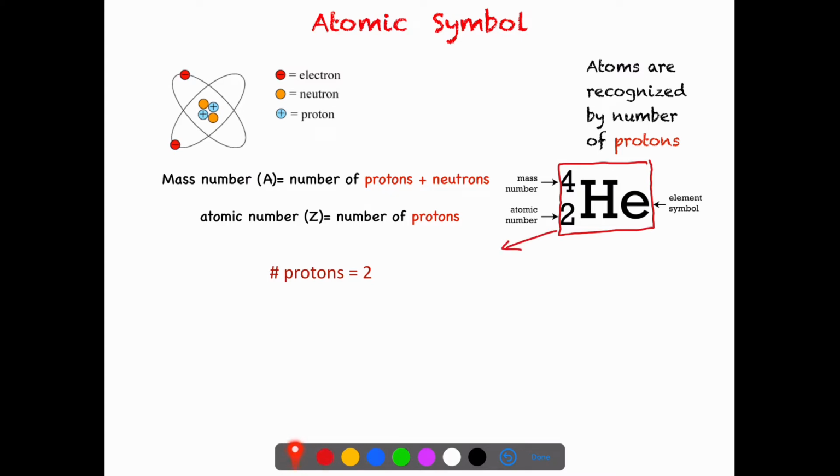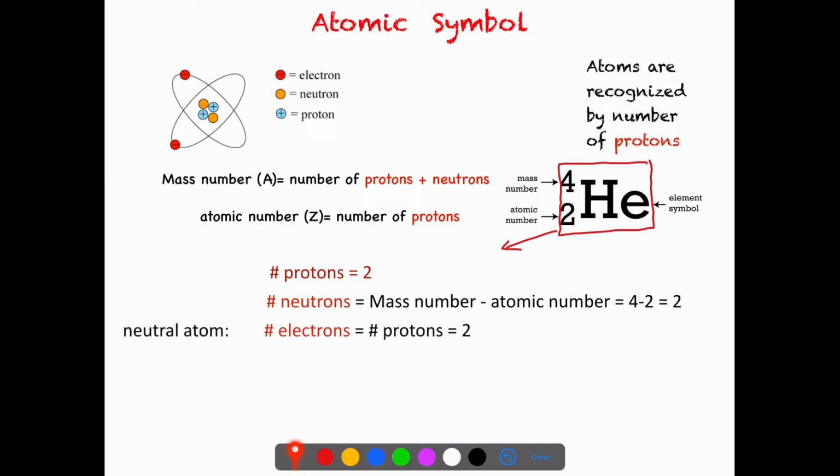Well, you have a total of 4 protons plus neutrons, and you know out of these, 2 of them are protons. So you have to subtract the atomic number from the mass number to get the number of neutrons. So remember, number of neutrons is given by the mass number minus the atomic number. And here it's 4 minus 2, which is 2. So we have 2 neutrons.